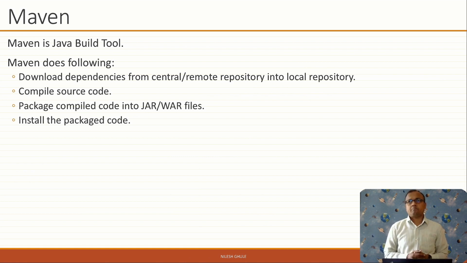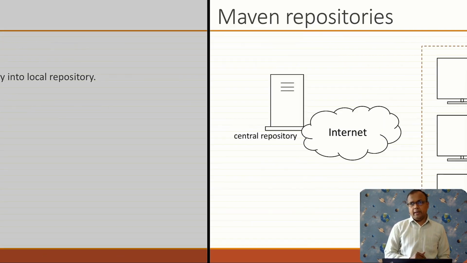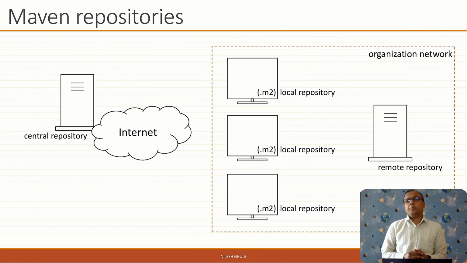As I have talked about the Maven central repository and local repository, you must be interested in knowing what exactly they are. This diagram should help you get clarity on what the Maven central repository and Maven local repository are.